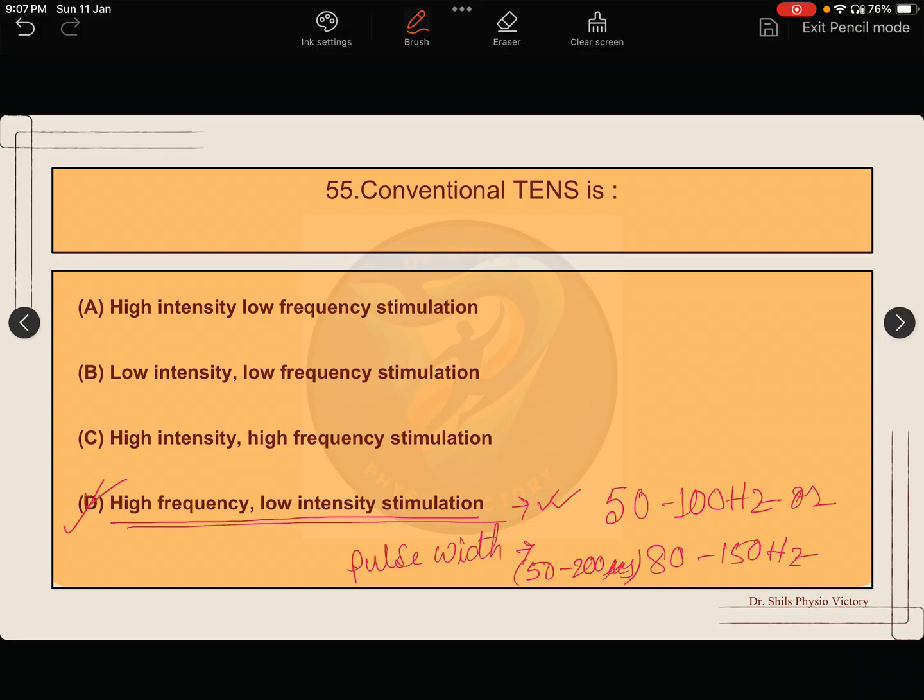Now, high intensity, low frequency stimulus is actually acupuncture-like TENS. Low intensity, low frequency is basically not a standard type, and high intensity, high frequency is intense TENS. Basically, it is intense.